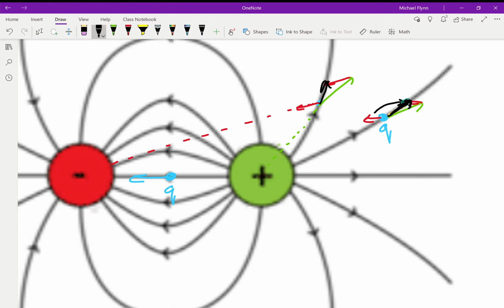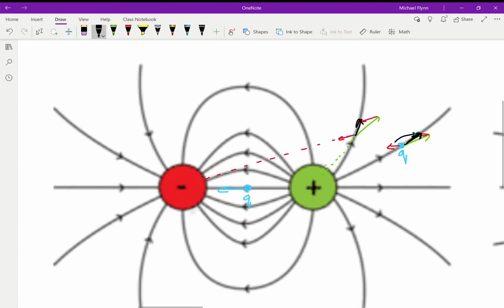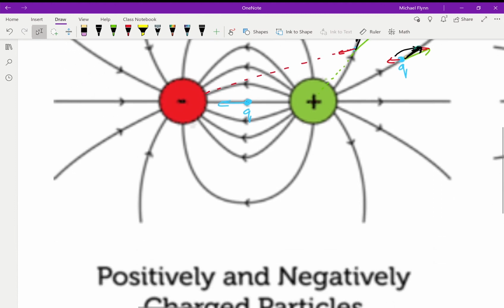So you see how these field diagrams work. You're not going to have to draw them the way I'm drawing it with my little test charge Q, but just to show you what these arrows mean: if you put a test charge somewhere in the picture, the line will tell you what direction the net force would be on that object.